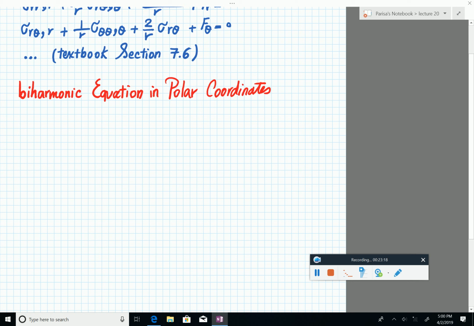Okay. So the good news is it still looks this way: Laplacian squared equal to 0.